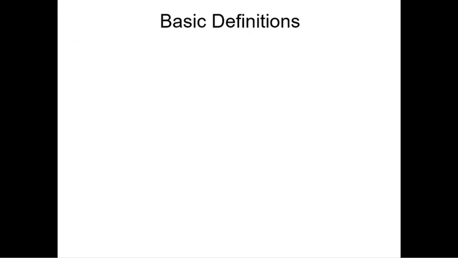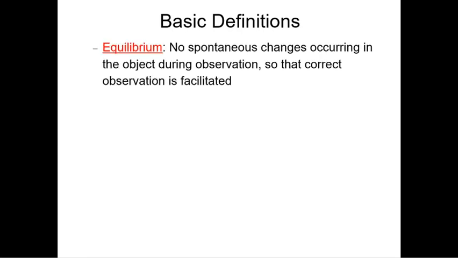So now we'll continue with the discussion that we started. So we'll talk about the next term, which is equilibrium. We discussed this in the previous class. We said that when there is no spontaneous change occurring in the object during the observation, then the correct observation is possible.